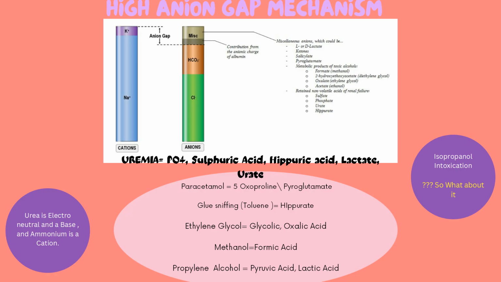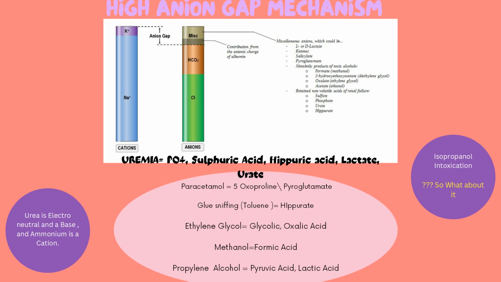The same 5 causes could be contributing to the osmolar gap as well, except that paracetamol does not contribute to an osmolar gap. Instead of paracetamol, I would add isopropanol intoxication. So the 5 exogenous causes would be isopropanol intoxication, toluene, ethylene glycol, methanol, and propylene alcohol.